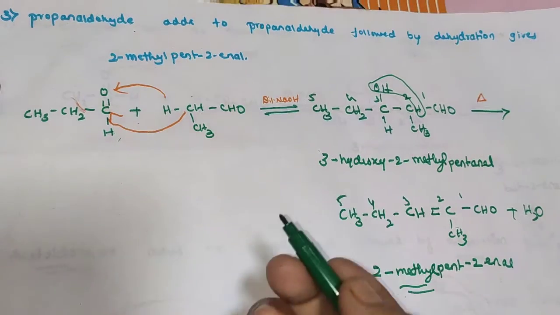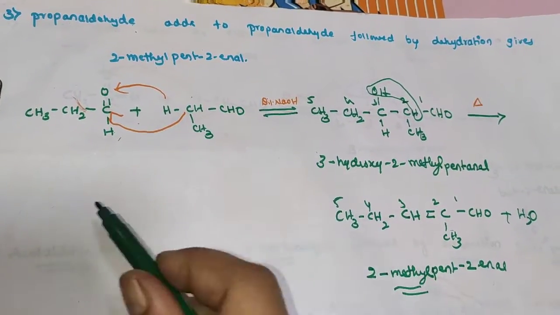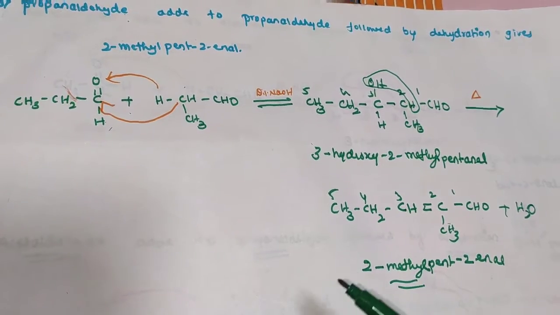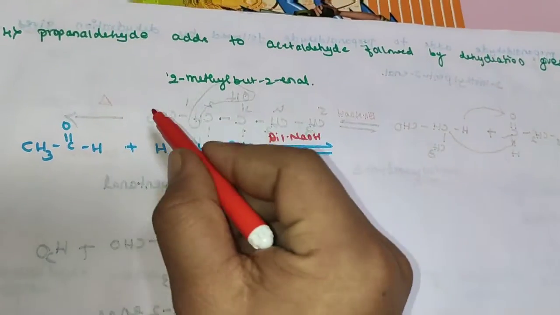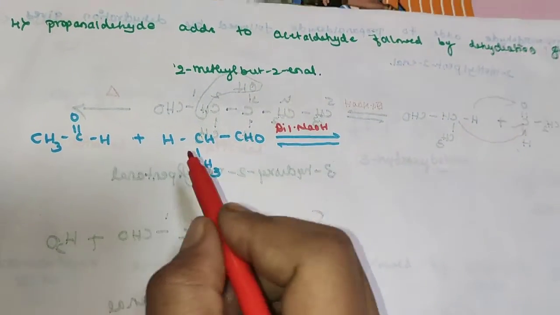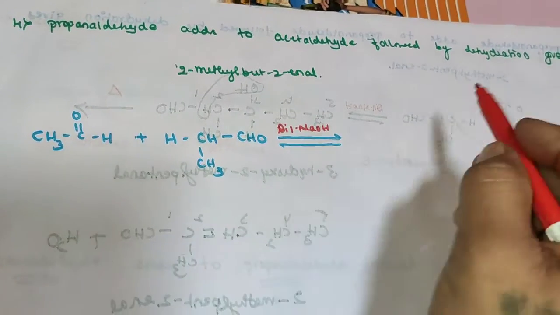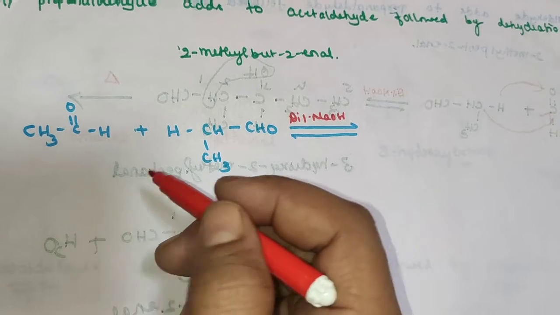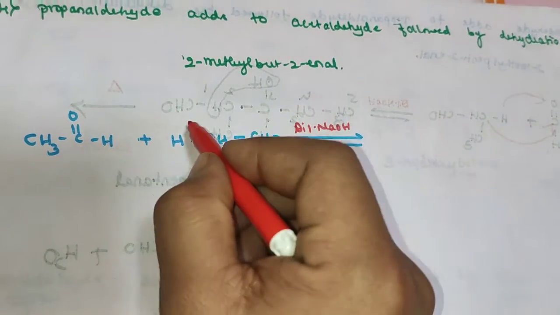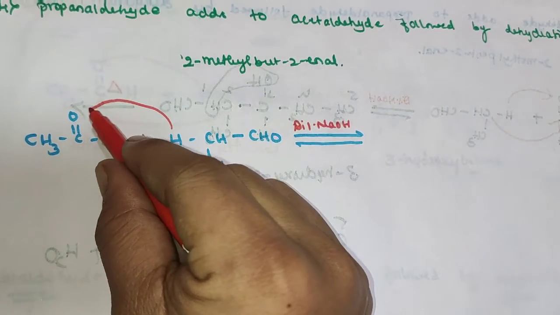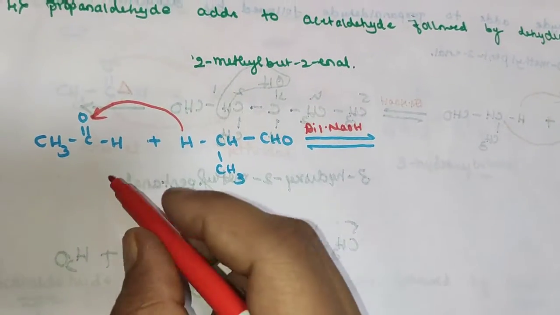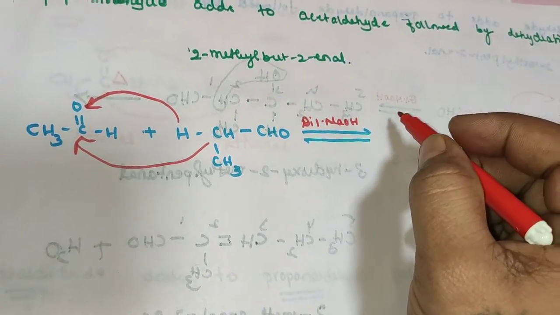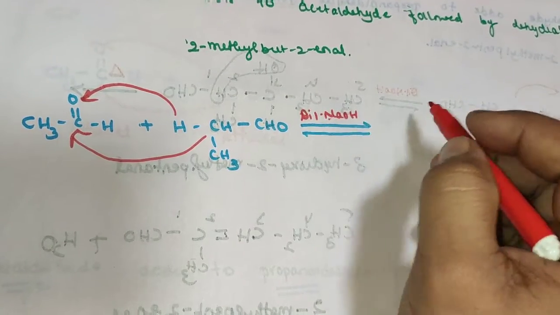Now let us learn about the cross aldol product, how the last step of the cross aldol reaction is carried out. The last step of this reaction: propanaldehyde adds to acetaldehyde followed by dehydration gives 2-methyl but-2-enal. How is it possible to obtain it, let us learn. One of the hydrogen atoms from the propanaldehyde is accepted by this oxygen atom, and this CH is bonded to this carbonyl carbon in the presence of a strong alkali medium.